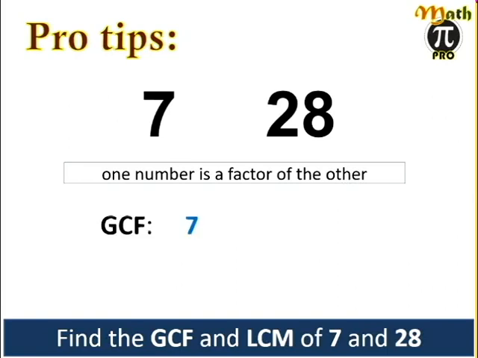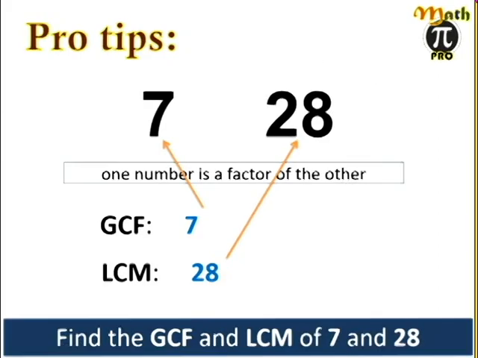In that case, the GCF is 7, while the LCM is 28. So, if one number is a factor of the other number, the smaller number is your GCF, and the bigger number is your LCM. So you don't need any solution at all.